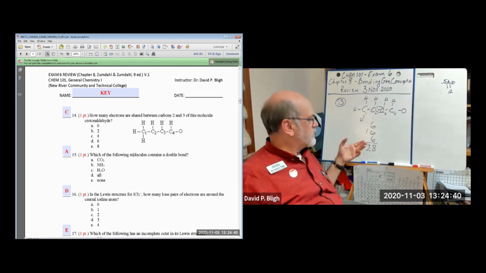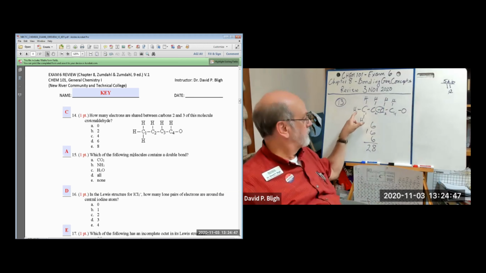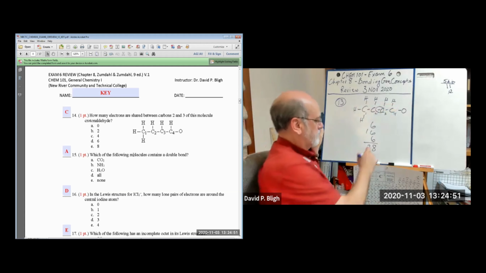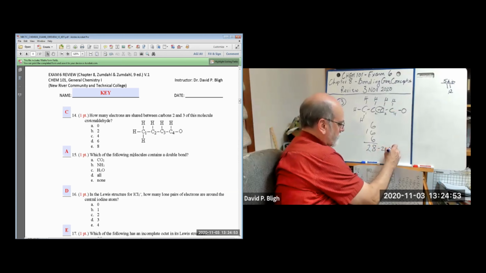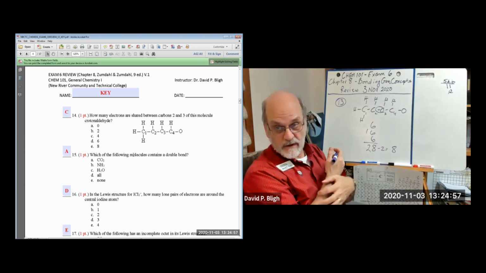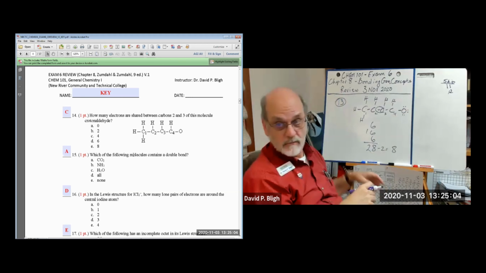So what you would need to do is place the electrons after you subtract the bonds. So we've got a single bond here, 2, 4, 6, 8, 10, 12, 14, 16, 18, 20. So we've got 8 electrons that we need to deal with.